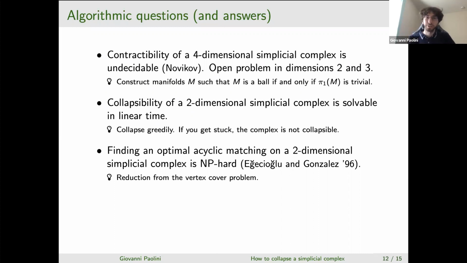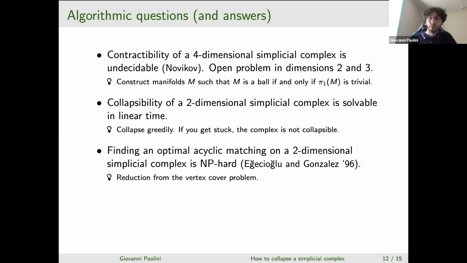So not determining collapsibility, but determining, for instance, the smallest set of two-dimensional simplices which you need to keep, so that this set is as small as possible, and you can collapse all other two-dimensional simplices, basically. And this was known since the 90s.